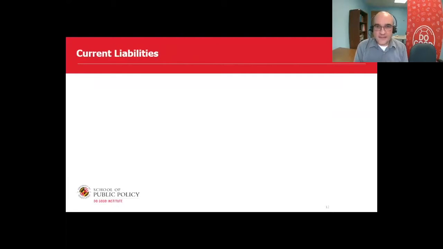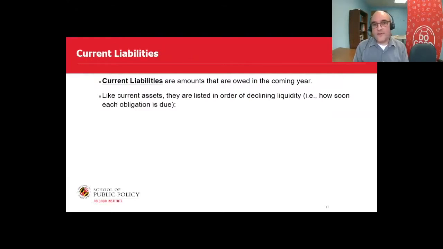So just like assets can be classified into short-term, current, and long-term categories, liabilities, things that the organization owes or needs to pay, also can be divided into current and long-term categories. Current liabilities are amounts that the organization owes in the coming year, and like current assets, they're listed in order of declining liquidity.